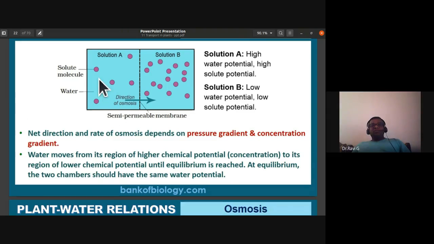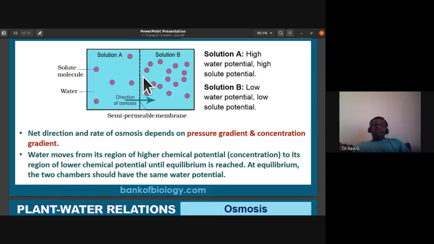So water moves from a region of higher chemical potential or concentration to a region of lower chemical potential until equilibrium is reached. That is, water moves from a region of higher water potential and higher solute potential to a region of lower water potential or lower solute potential until equilibrium is attained through a semi-permeable membrane.